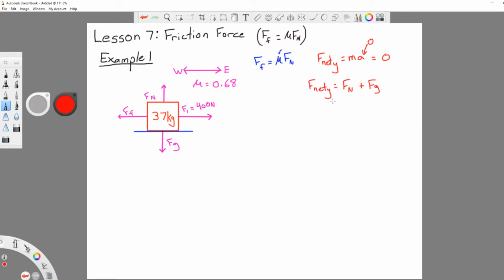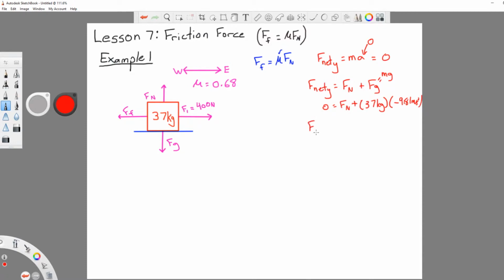And if we want to fill some values in here, we're going to have 0 is equal to force normal plus our mass, Fg. Fg is equal to mass times gravity. So this is going to be 37 kilos times acceleration due to gravity, negative 9.81 meters per second squared.